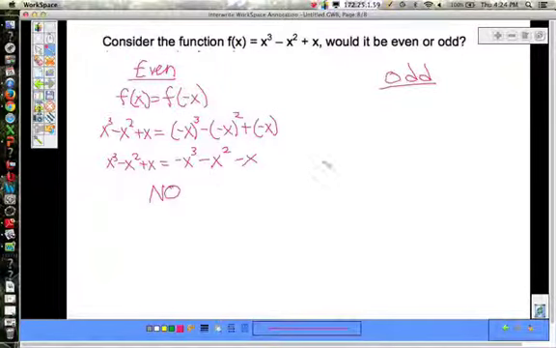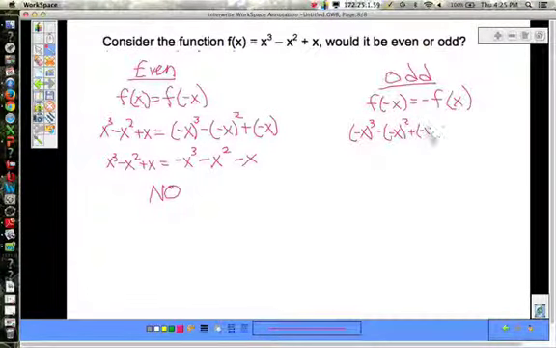So it's not even. And we can check our odd. F of negative x equals the opposite of f of x. Okay, so let's plug in that negative x cubed minus negative x squared plus negative x.